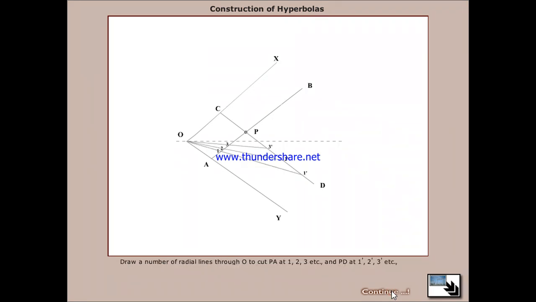Draw a number of radial lines through O to cut EA at 1, 2, 3, etc. and PD at 1 dash, 2 dash, 3 dash, etc. Through 1 dash, draw a line parallel to OX and through 1, draw a line parallel to OY to intersect each other at P1.